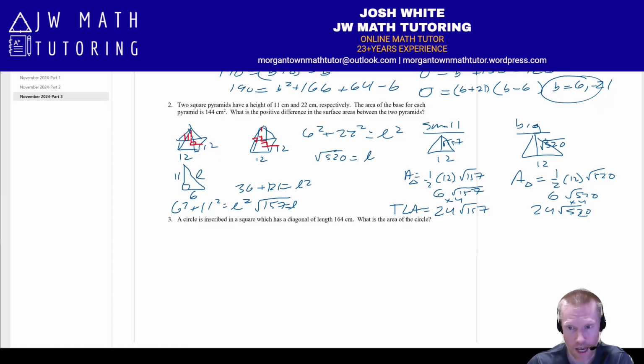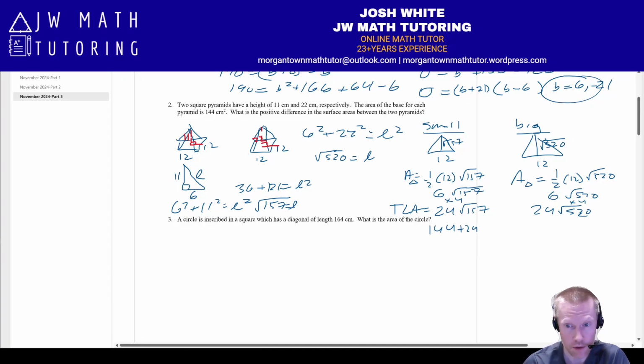Okay, so now we can get the total surface area and subtract them. Although what's going to happen, you see, is since the base area is the same, when we go to subtract those, they're just going to cancel out. They're not going to matter. So total surface area for the small one is going to be 144 plus 24 root 157 centimeters squared.